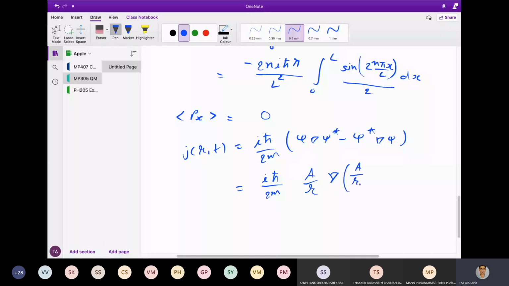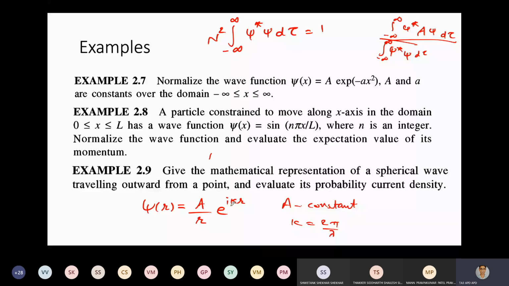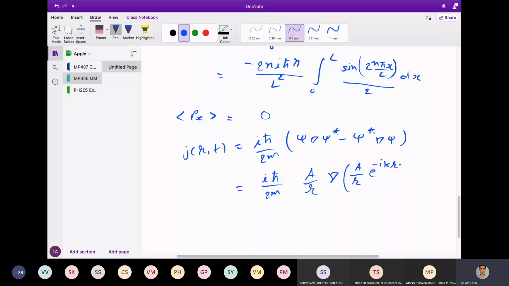So that is going to be e to the power minus ikr, and the gradient of e to the power minus ikr, minus ψ*. अच्छा, यहाँ पे भी होगा a by r into, ये दोनों के बीच में हो जाएगा e to the power ikr, because you have the whole function in ψ. तो यहाँ पे भी होगा a by r into, यहाँ पे ψ* है, so you will have e to the power minus ikr into the gradient of ψ, so ψ is a by r into e to the power ikr.